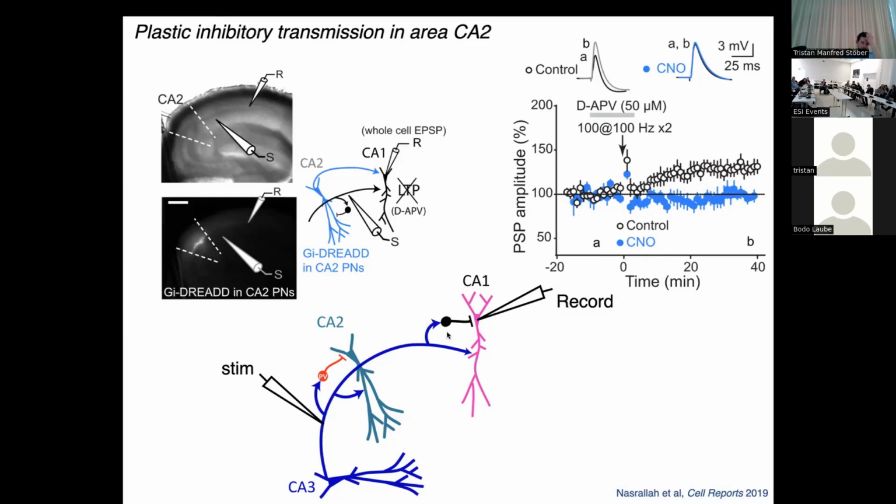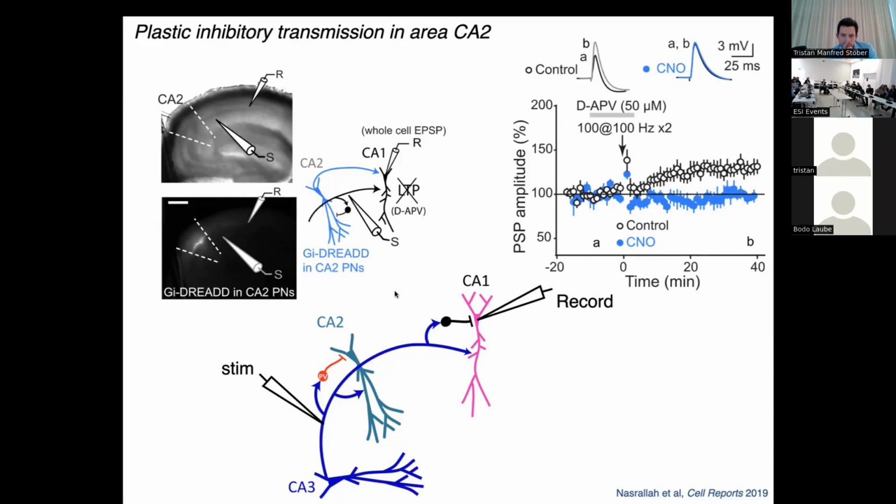So here, when we record from CA1, what we see is that if we silence CA2, nothing really changes in the postsynaptic potential for CA1. However, if we leave things intact, we allow CA2 to do its thing, we see that inducing this long-term depression that's mediated entirely by the interneurons, you can actually increase the excitatory field potential in CA2 by stimulating CA3.